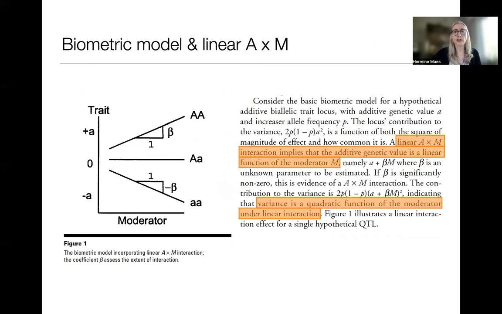And you see here that a linear A by M interaction implies that the additive genetic value is a linear function of the moderator. Now, this results in a variance that is a quadratic function of the moderator under linear interaction, because we typically square the effects of the additive genetic value.